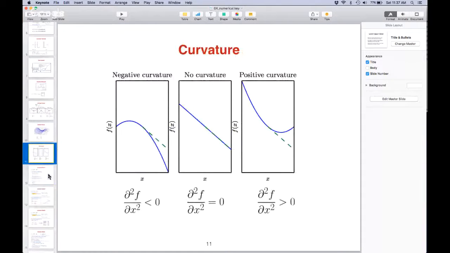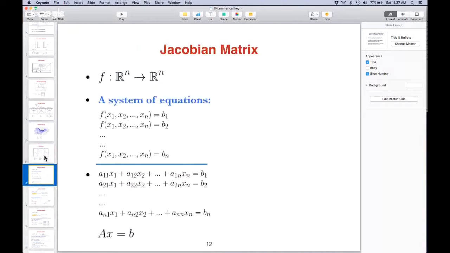Okay. Let me talk about the Jacobian matrix first. The Jacobian matrix is mentioned very briefly in the book. However, I have done a lot of work with systems of equations while I was in grad school, so I'm fairly well acquainted with Jacobian matrices.